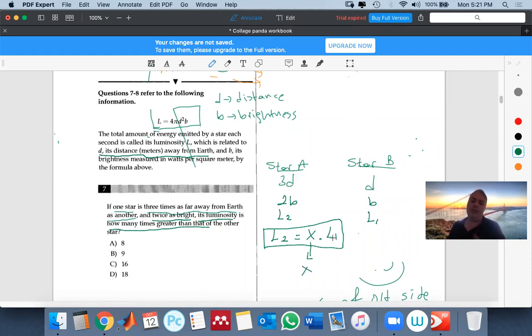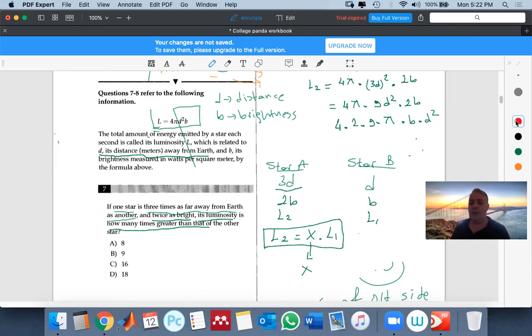So use the formula. What is the formula? L2 is equal to 4 pi times D squared. What is D now? 3 times D. So 3 times D squared times B. What is B? 2B. And then this is equal to 4 pi times 9d squared times 2b, which is 4 times 2 times 9 times pi times b times d squared.